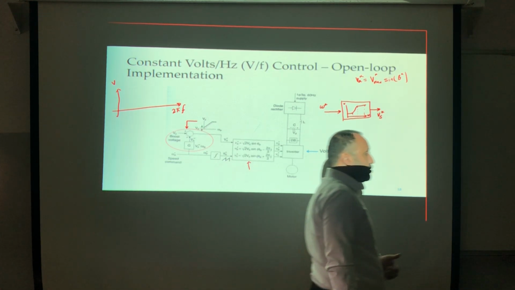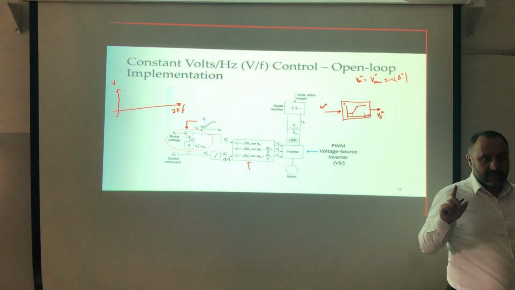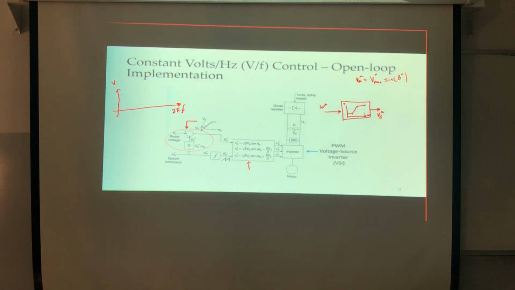So, let's assume that the output from here is what? Vmax that I need. This signal, yeah? The output from here is this signal. The meaning, huh? The maximum rated value. Yeah? Then, if I need to complete the reference, I need what? Theta. So how I can get theta? Integration.